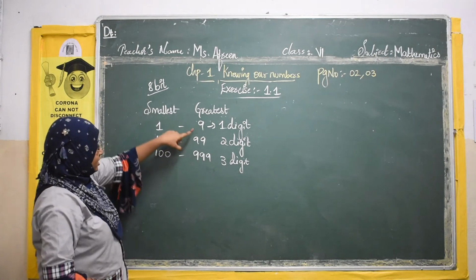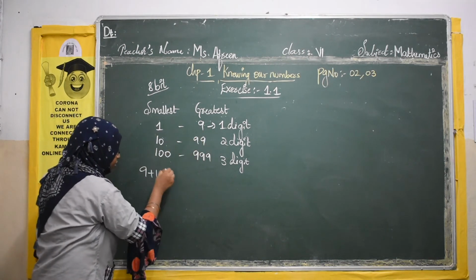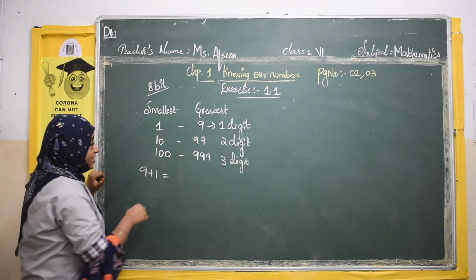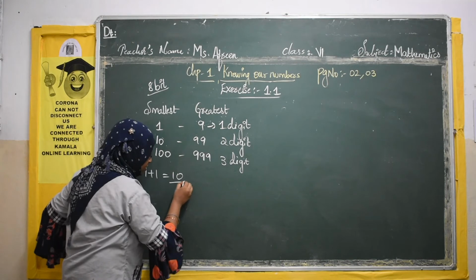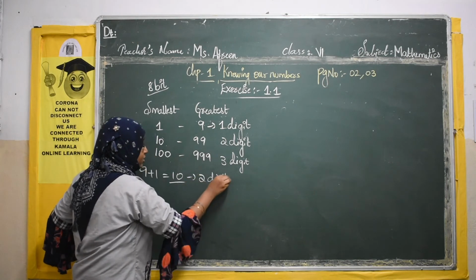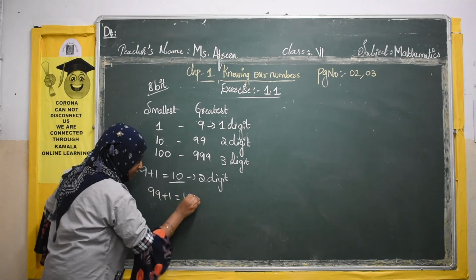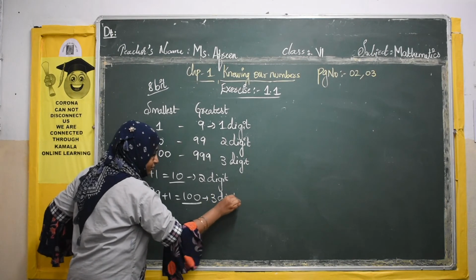Now the pattern here is, if you add 9 plus 1, you get the next smallest number with one more digit. This is a single digit: if you add 9 plus 1, we get 10, the smallest 2-digit number. In the same way, if you write 99 and add 1, it becomes 100, the smallest 3-digit number.